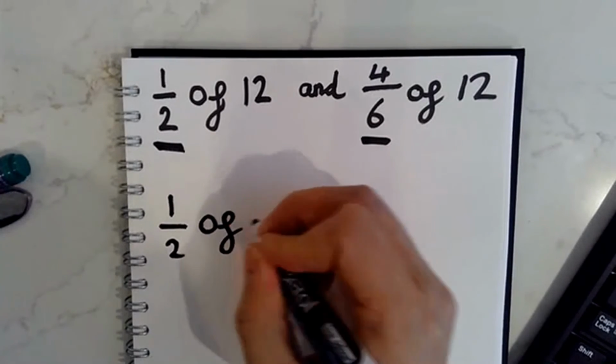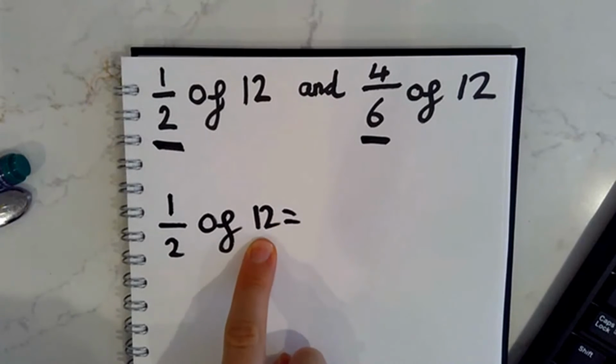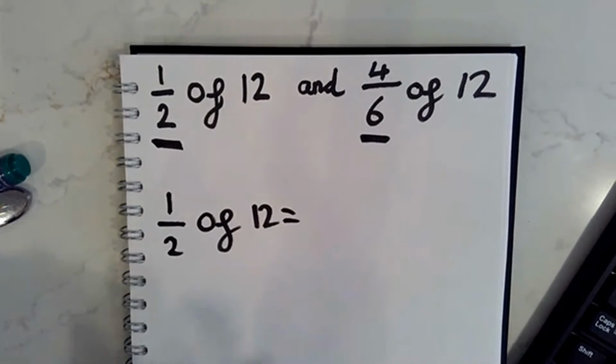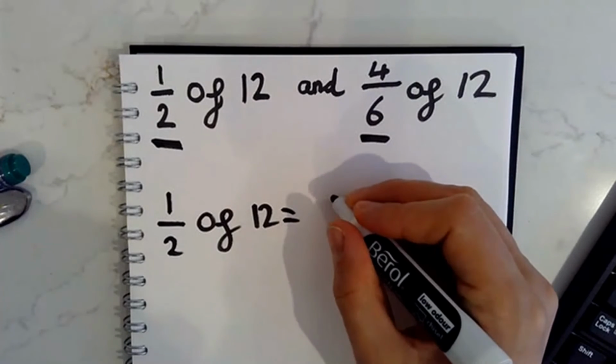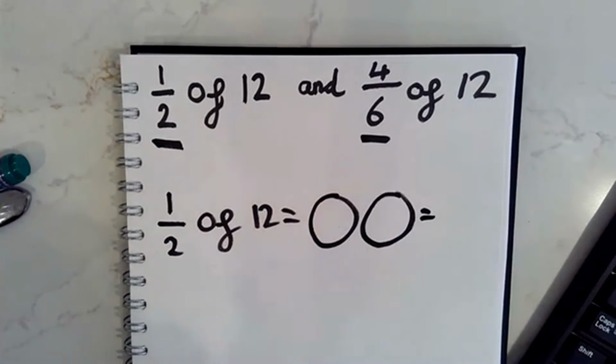1/2 of 12. To do that, I need to take the whole, which is 12, and divide it by 2. So this is the method I'm going to be using. I'm going to do 12 divided by 2.